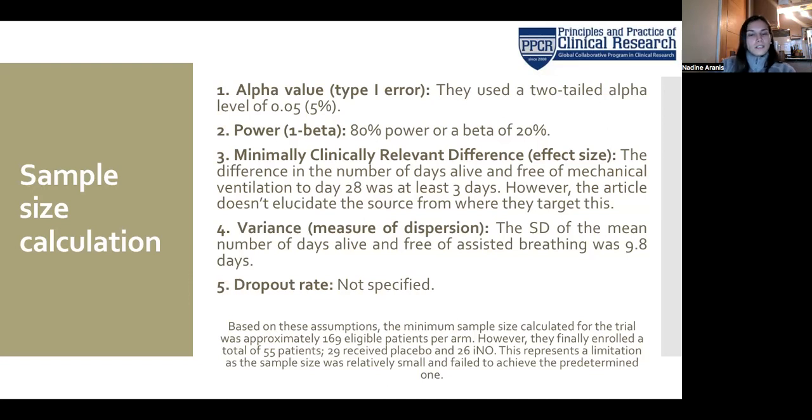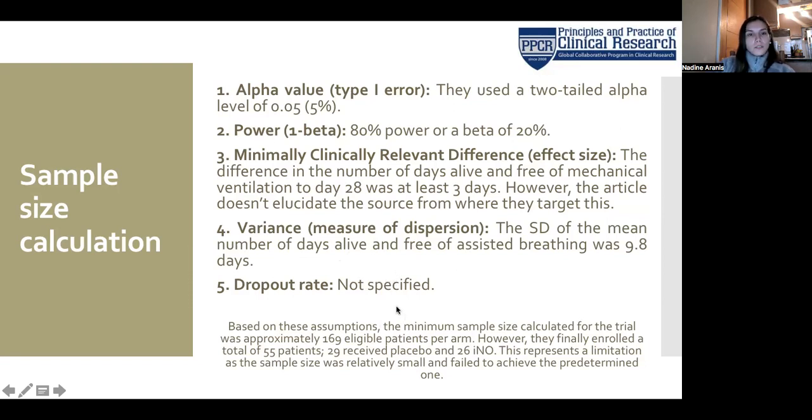However, the article doesn't elucidate the source from where they took this calculation. About the variance, they used the standard deviation of the mean numbers of days alive and free of assisted breathing, which was 9.8 days. And the dropout rate was not specified in the article.